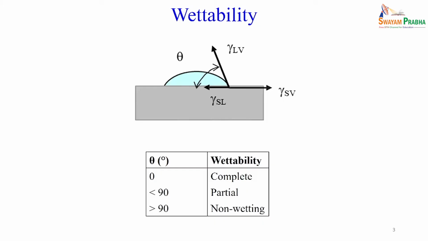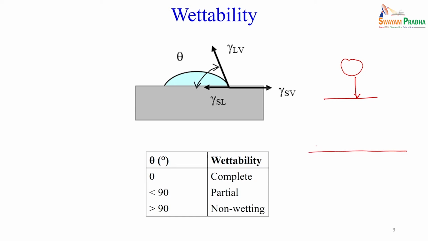So, to start with, what is wettability? As the word suggests, it is about wetting a surface. If you put a drop of liquid on the surface, you may have different aspects.